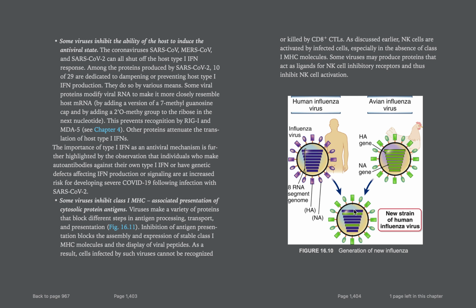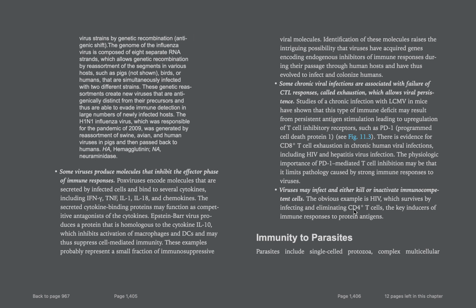As discussed earlier, natural killer cells are activated by infected cells, especially in the absence of class 1 MHC molecules. Some viruses may produce proteins that act as ligands for natural killer cell inhibitory receptors and thus inhibit natural killer cell activation. So this is the influenza virus, where you see how it is changing, with generation of new influenzas.